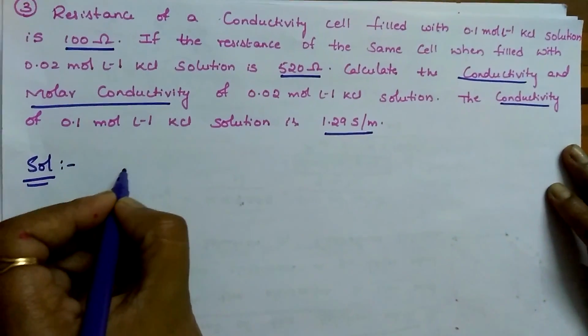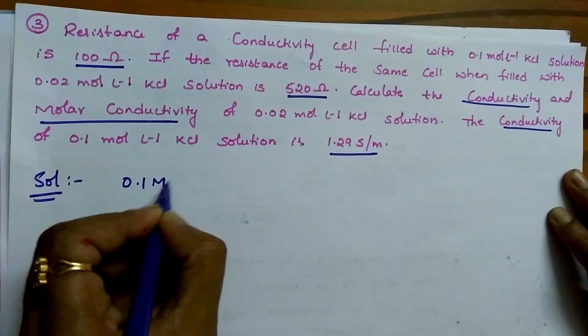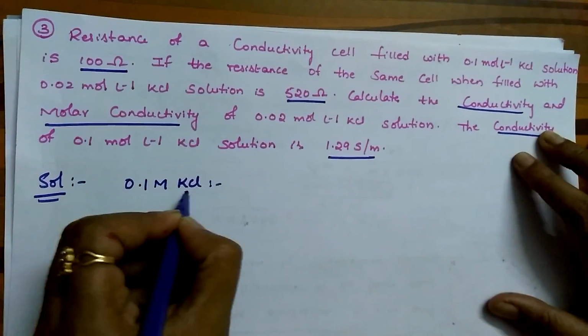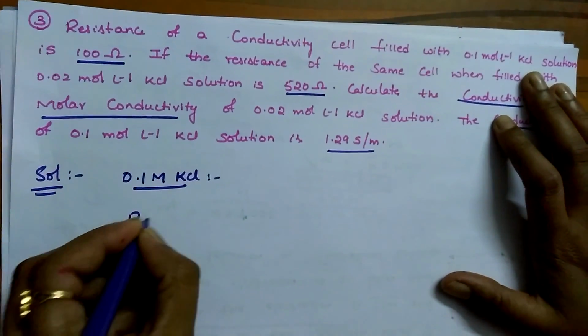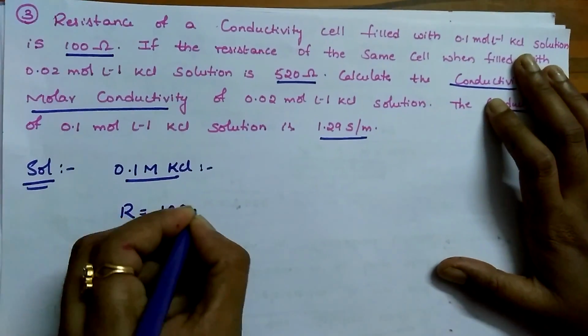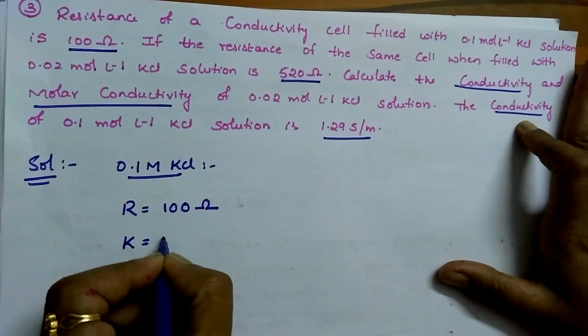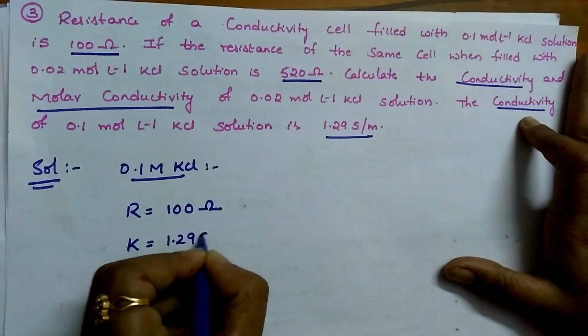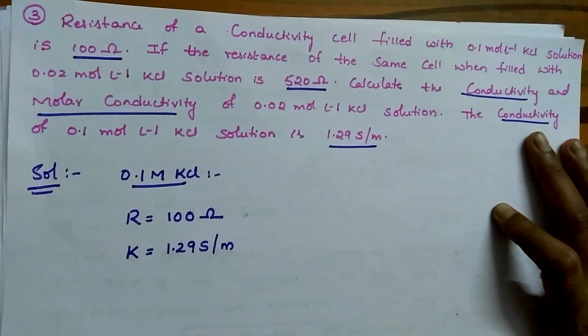See here, first is the 0.1 molar KCl solution. What is the given data for the first solution? For the 0.1 molar KCl solution, resistance R is equal to 100 ohms and its conductivity K is equal to 1.29 Siemens per meter. This is for the first solution.